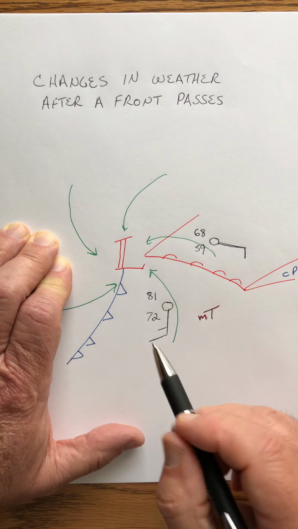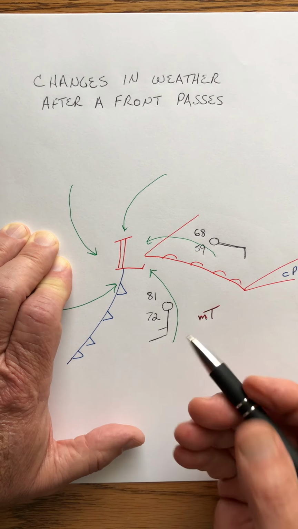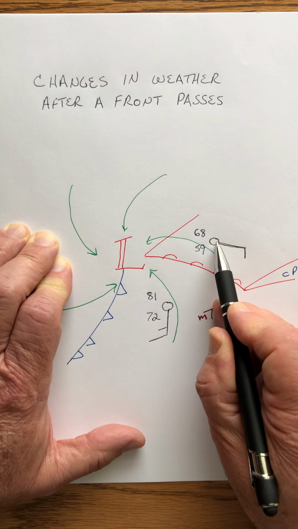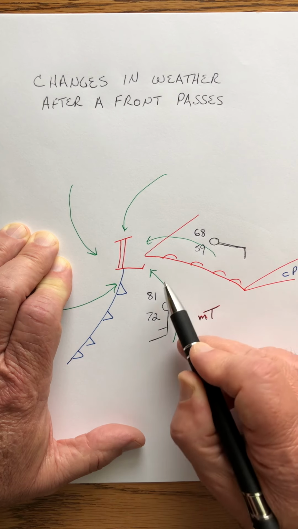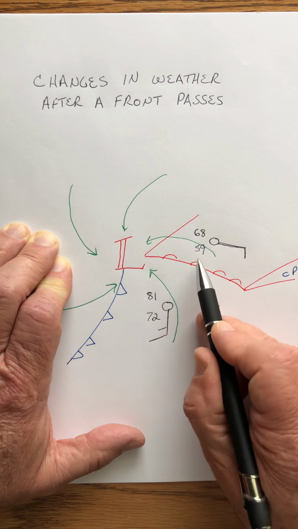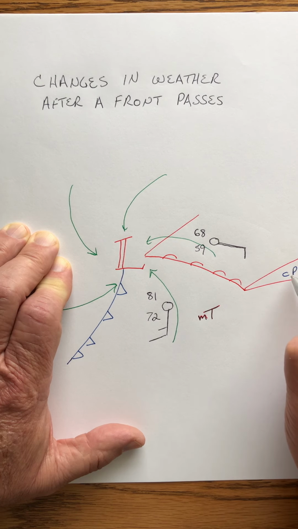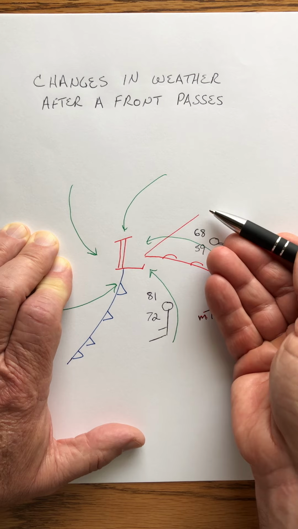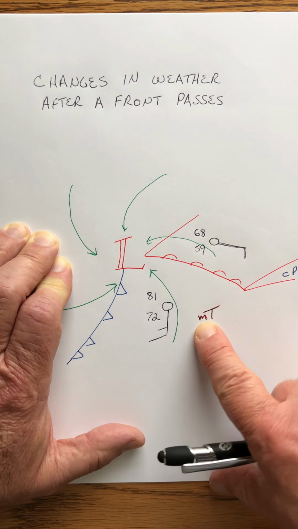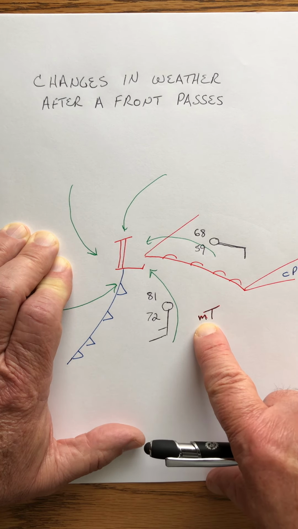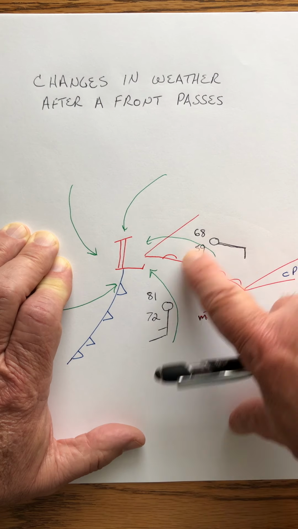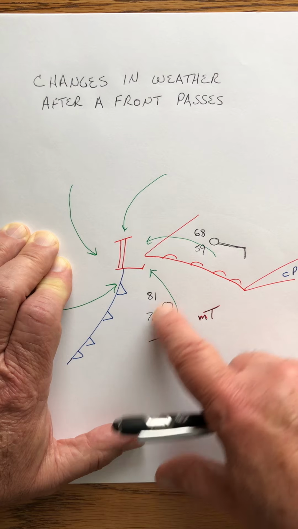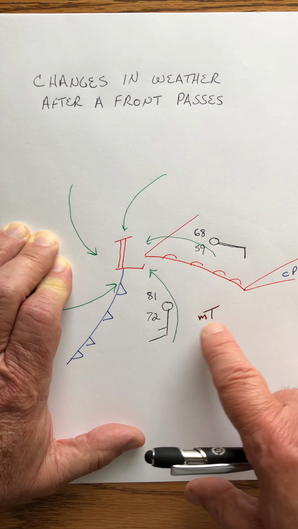So notice that as this warm front is moving towards the north, what's going to happen to the weather at this weather station? It's going to get warmer, as currently it's in continental polar air. When this warm front moves towards the north, it will eventually be under the influence of maritime tropical air, so the temperature is going to increase. The dew point is going to increase because it's maritime air.